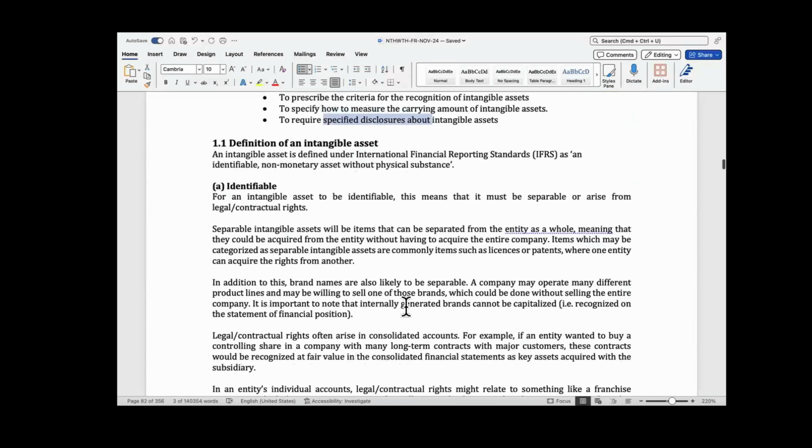So the first thing we need to look at is the definition of an intangible asset. That's what is an intangible asset itself.